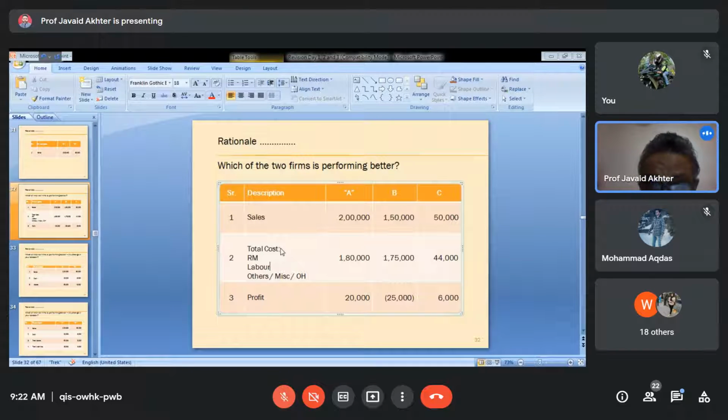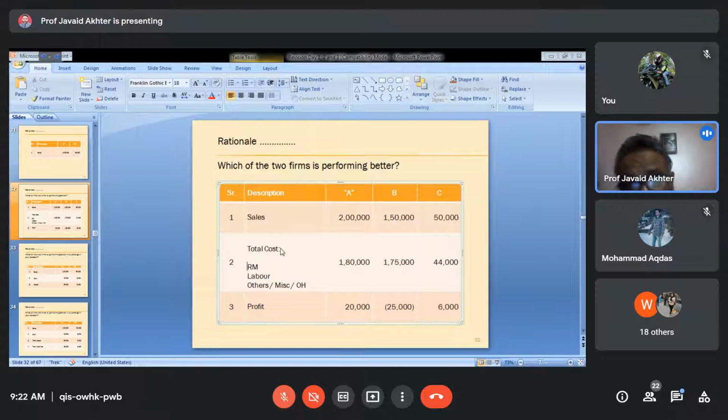Once we have this data with us, we may get the answer. Why is it that our material cost for this product is more, or our labor for A or B or C is more or less? There are several things like this, the answer of which we can get only with this data.